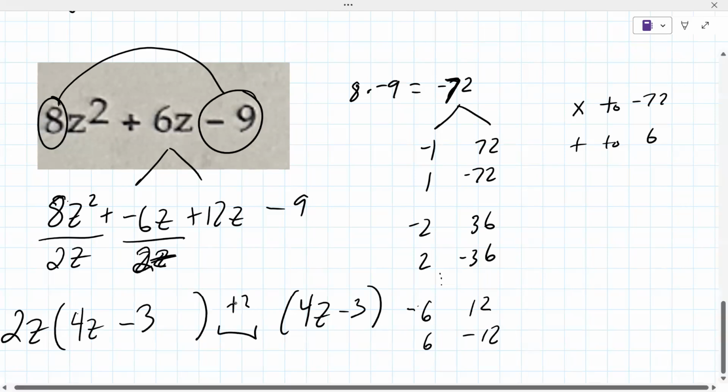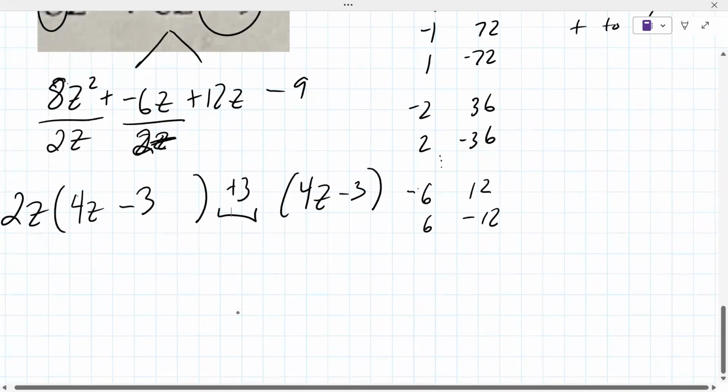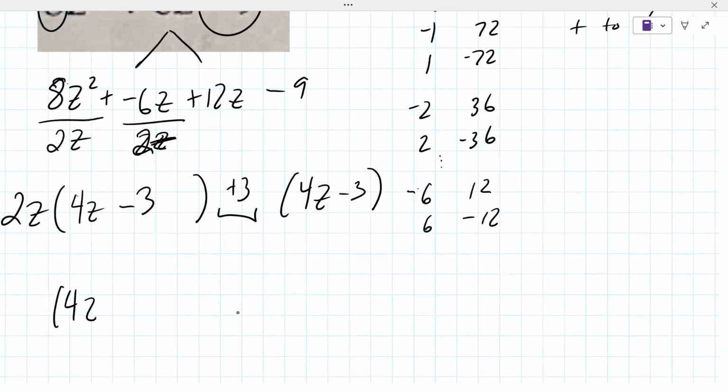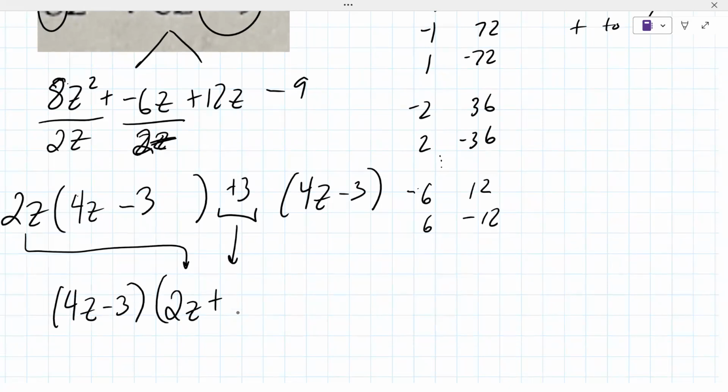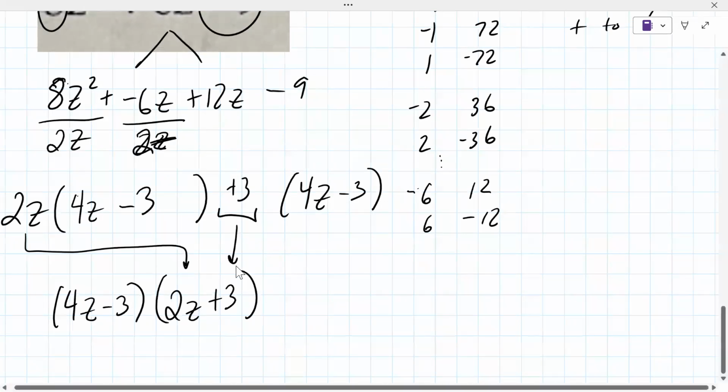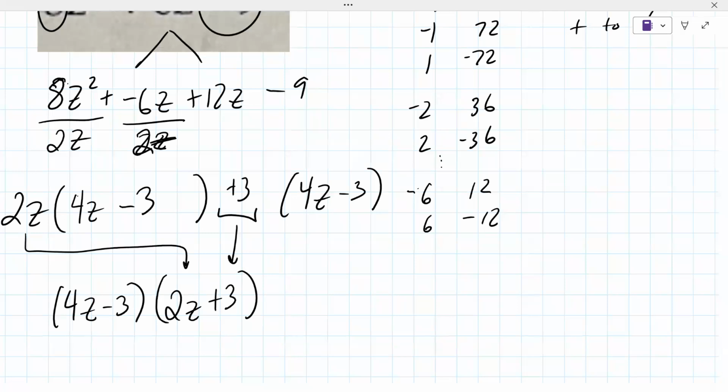It would be 3 plus 3. So now the next line, you take what you wrote in parentheses and you bring down the 2z and the plus 3. Is that clear? Yeah. Okay.